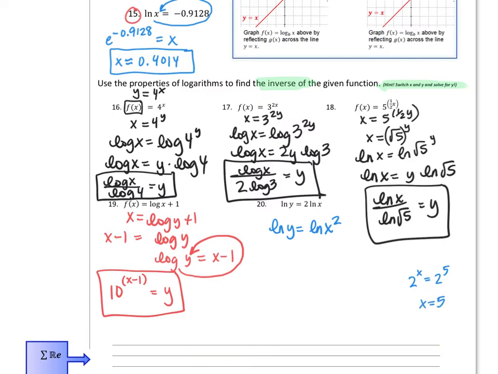Remember the one-to-one property? It's the same thing here. If you have the log on both sides, you can use that one-to-one property. So this just says y is equal to x squared. So if I take this equation, I interchange the x and the y's, then that means I have x equal to y squared. So the square root of x is equal to y. There we go.